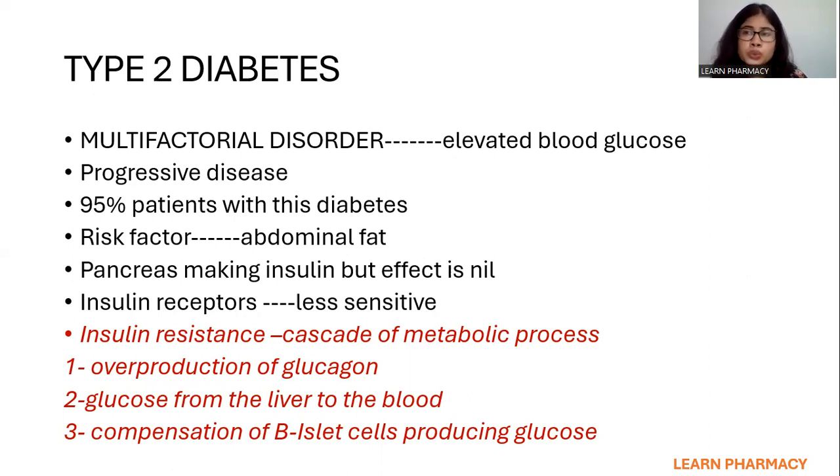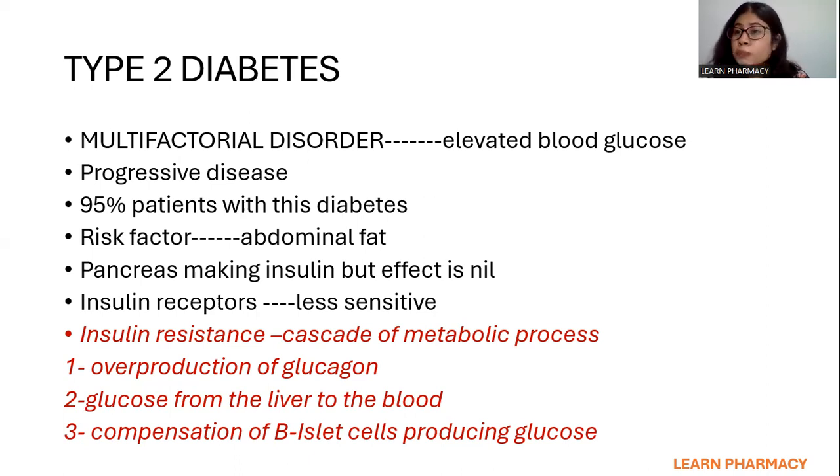And when you discover that there is insulin resistance, you might have type 2 diabetes. That insulin resistance triggers a cascade of metabolic processes. The first one is overproduction of glucagon, because insulin receptors cannot sense the insulin.